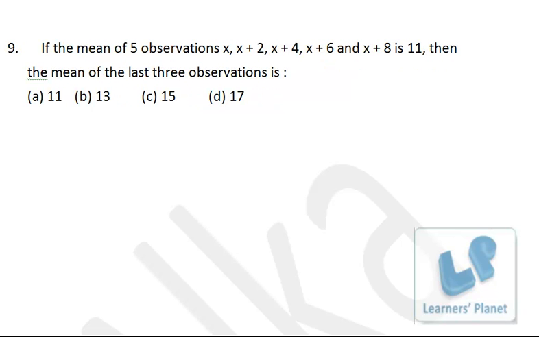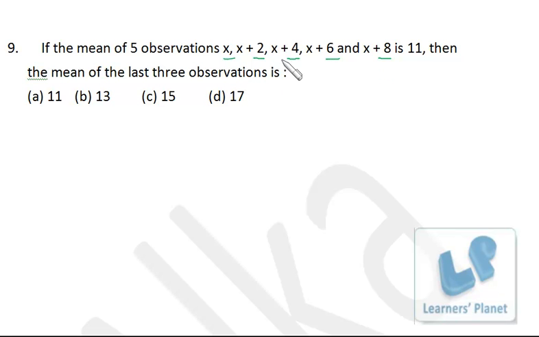Now this question, even this question can be done mentally. If the mean of 5 observations x, x plus 2, x plus 4, x plus 6, x plus 8 is 11, then the mean of the last 3 observations is? Now you can see these 5 are consecutive, you can say even numbers or maybe odd numbers.